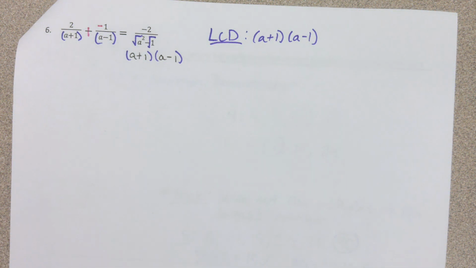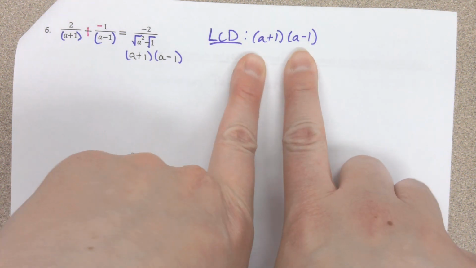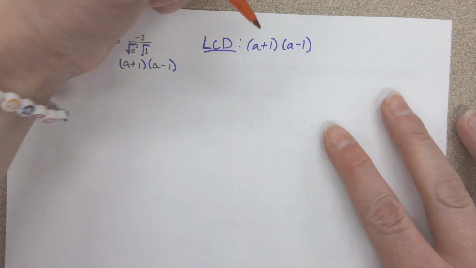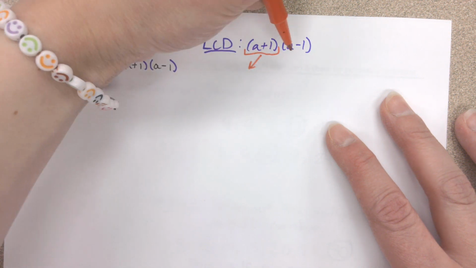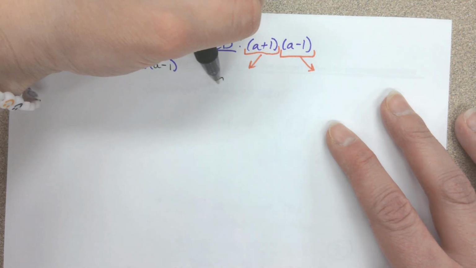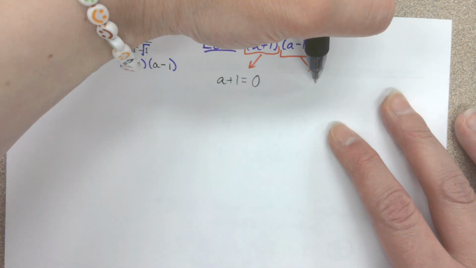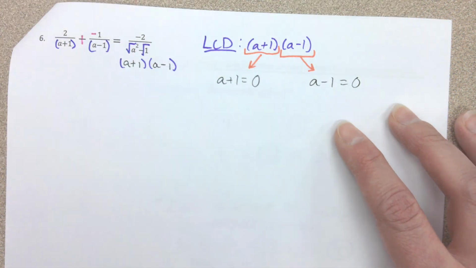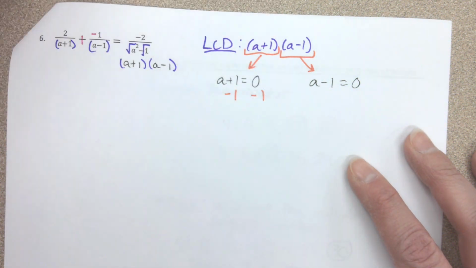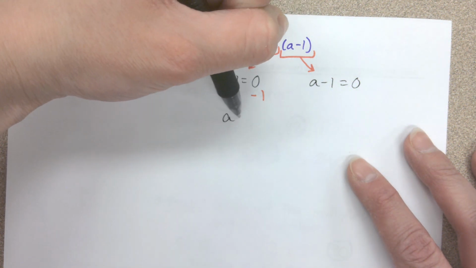Next, we need to address extraneous solutions. We have letters here. That's a problem. So I'm going to solve both of those for A real quick. A plus 1 equals 0. A minus 1 equals 0. Solve both of those. Minus 1 on both sides. A equals negative 1.